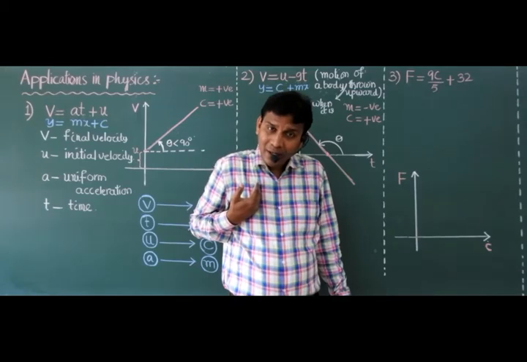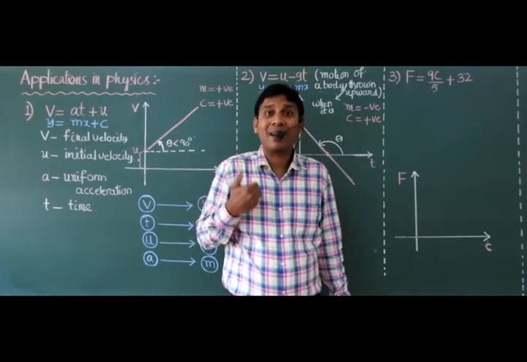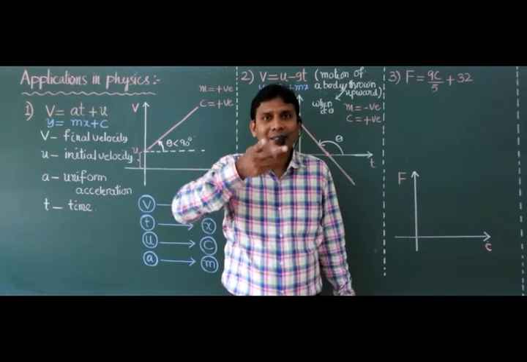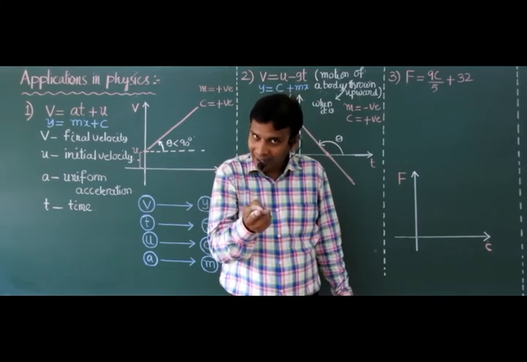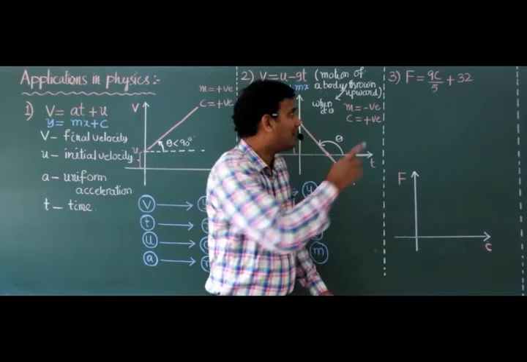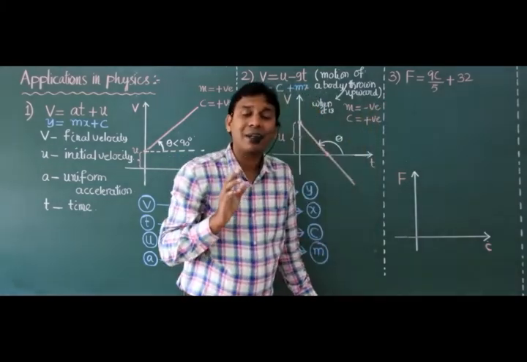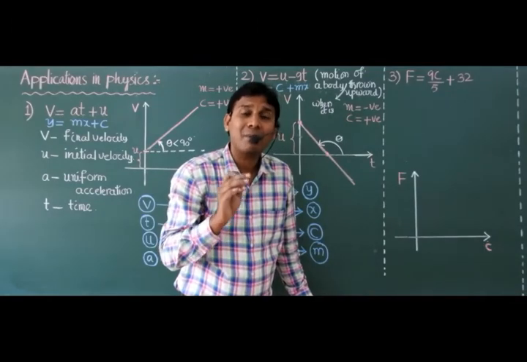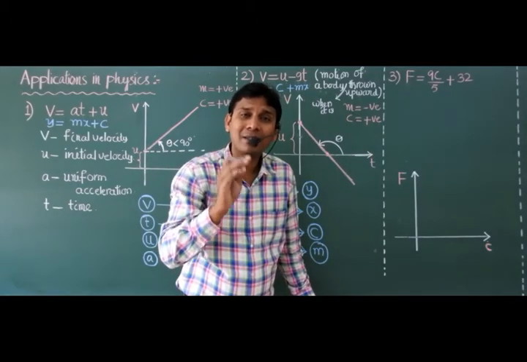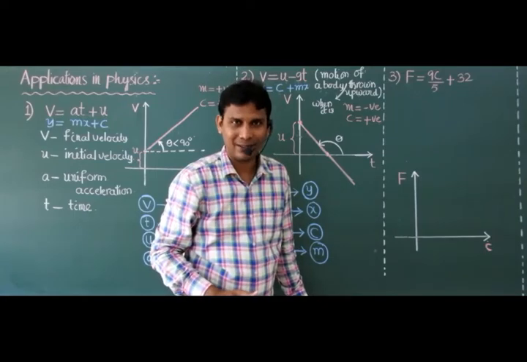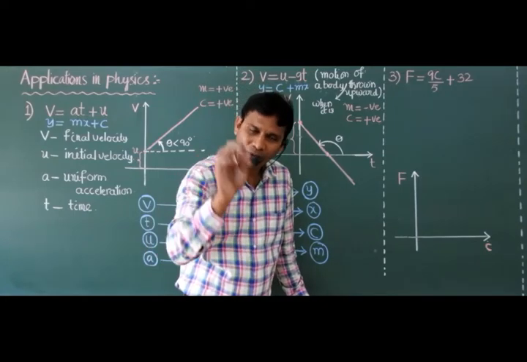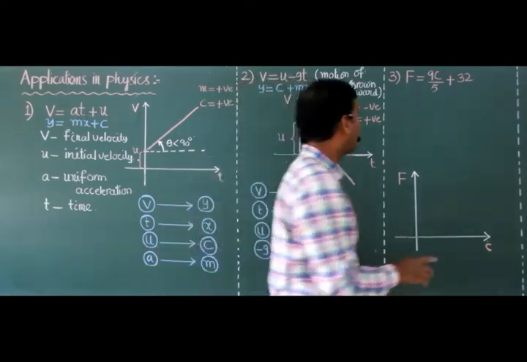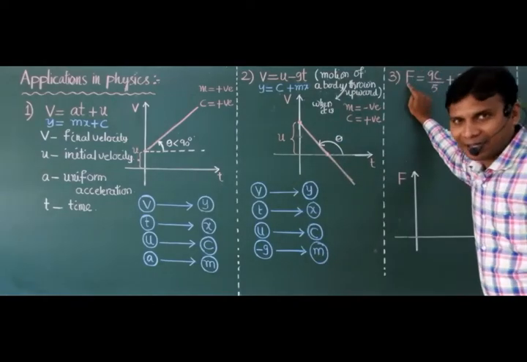Human body temperature we express in Fahrenheit. Okay? Then what is the relation between Fahrenheit and Celsius? This equation we will discuss in thermal properties of matter. That is also PUC first year only. Clear? So F is Fahrenheit.